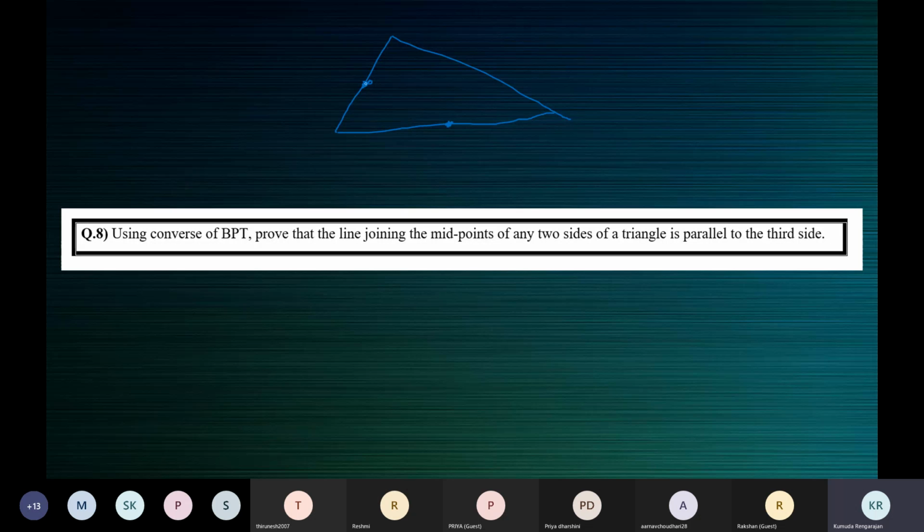Now these two points can be connected by a line segment. Then the result is this line segment will be parallel to the third side. These two line segments will be parallel to one another.